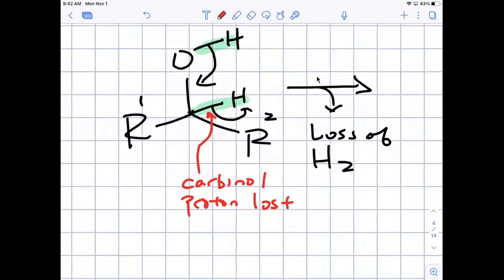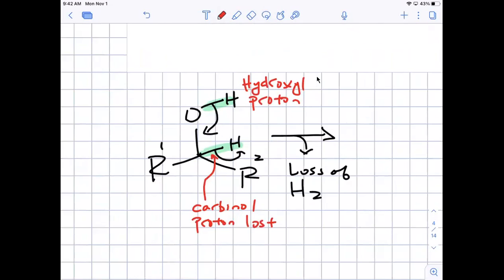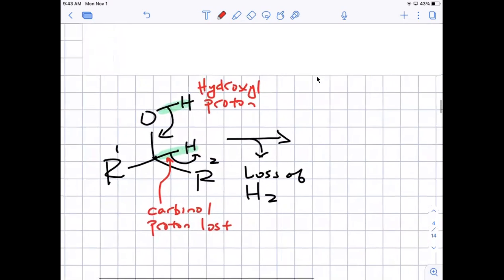You lose that, and you lose the hydroxyl proton. So all of your oxidation catalysts do perform this in some way. You lose the hydroxyl proton, you lose the carbonyl proton, through some mechanism with each one of these types of reactions.